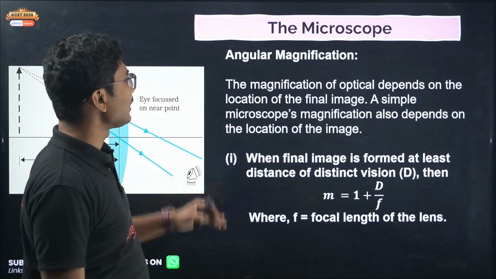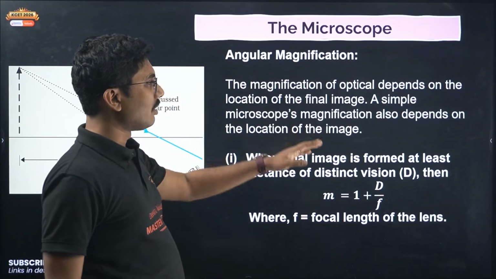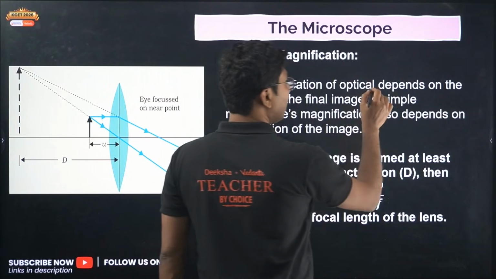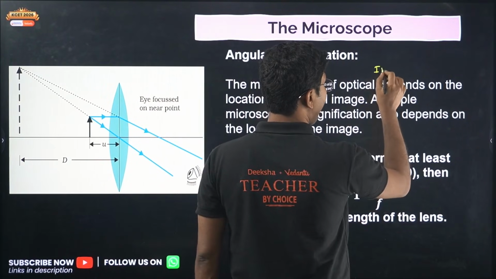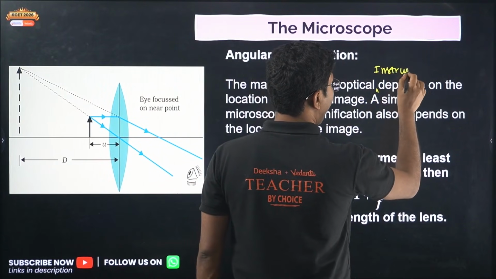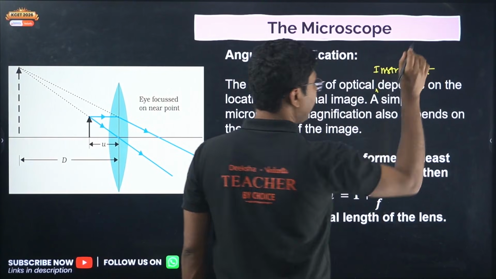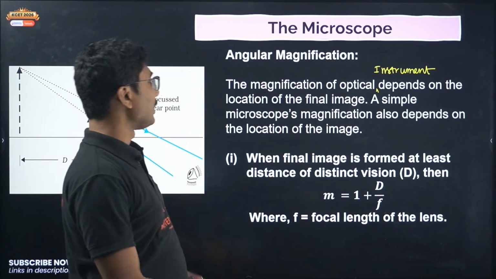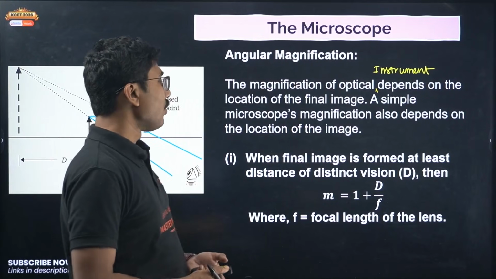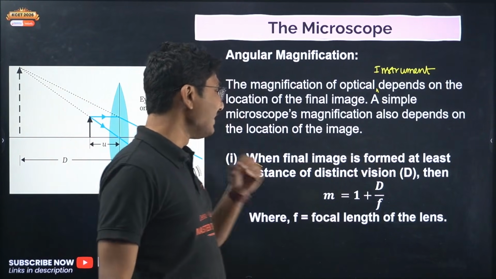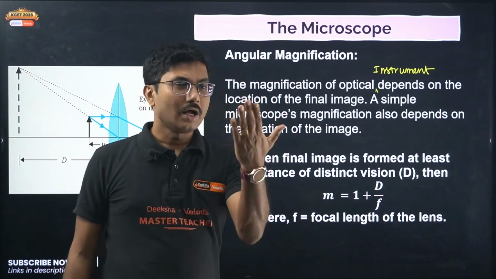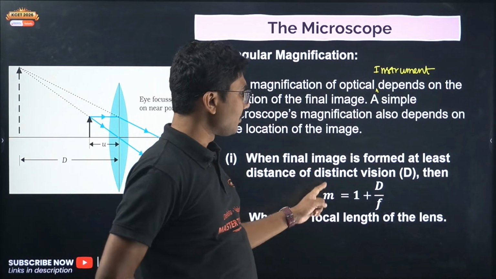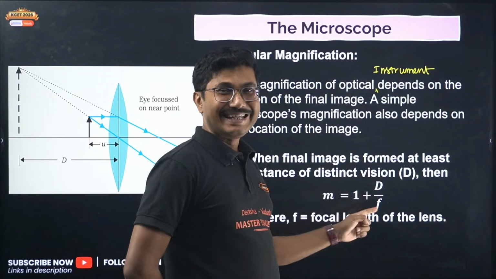Angular magnification, the magnification of the optical instrument, depends on the location of the final image. A simple microscope's magnification also depends on the location of the image. When the final image is formed at the least distance of distinct vision, the minimum distance where you can see anything clearly, the magnification is given by 1 plus D by f.